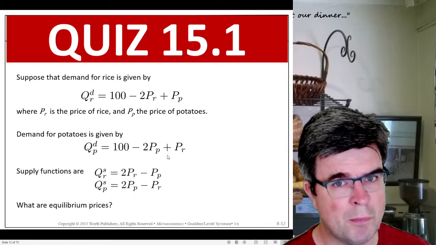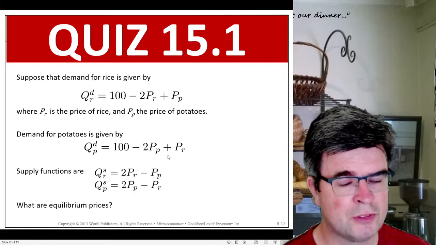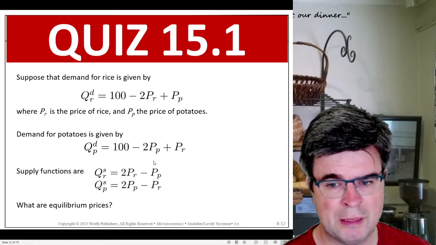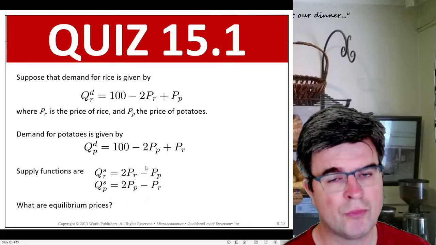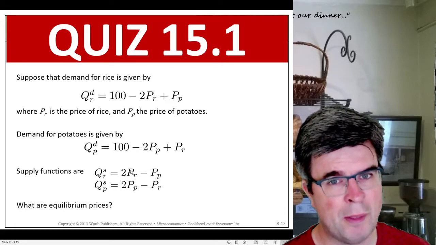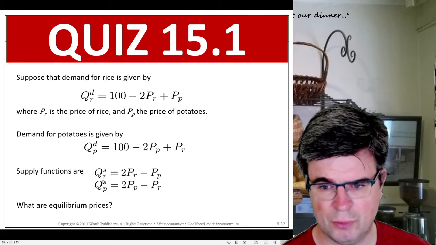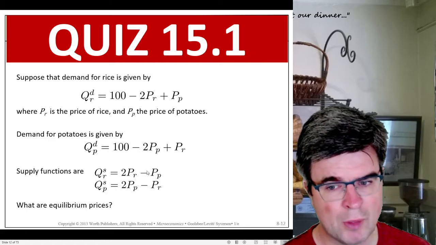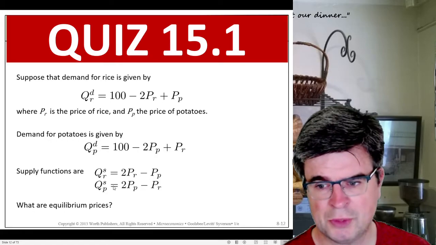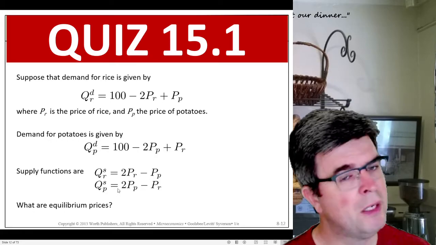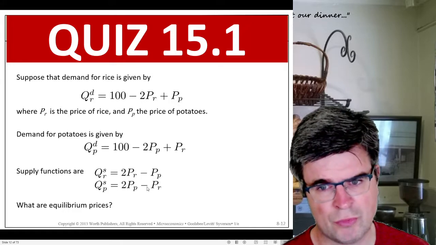But to make matters a little bit more interesting, we have here an example where also the supply of rice and potatoes is dependent on the price that establishes in the other market. So the supply function of rice not only depends on the price of rice, but also on the price of potatoes, and the supply of potatoes also depends on the price of rice.